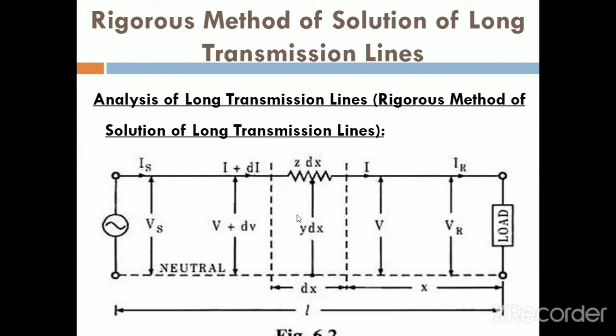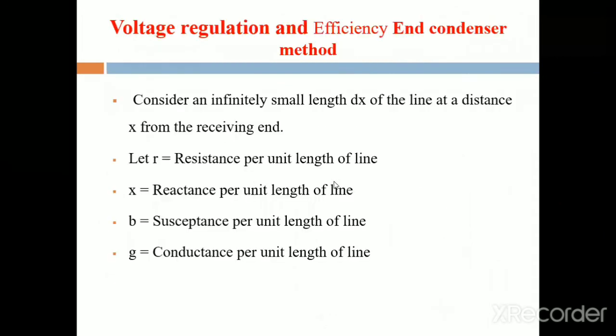After that, by integrating these losses, we obtain the overall loss due to those parameters. All of that can be calculated easily by using this rigorous method of solution of a long transmission line. This is the basic introduction to the analysis of a long transmission line.